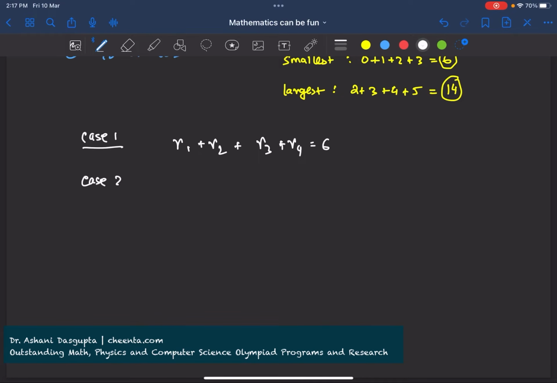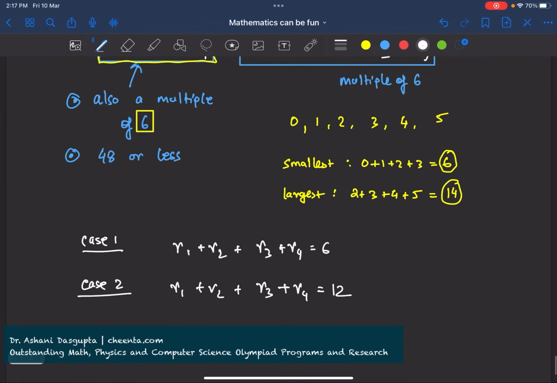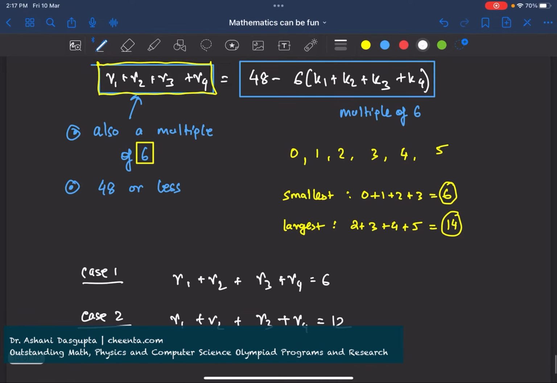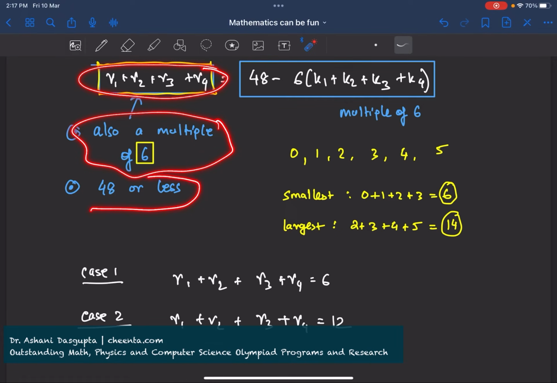And case 2, R1 plus R2 plus R3 plus R4 is equal to 12. Now you can take a pause and reflect on how beautiful this analysis is. We figured out that this sum has to be a multiple of 6 and must be 48 or less. And then we found out how small it can get and how large it can get. And then from this range, we just chose the 2 multiples of 6.